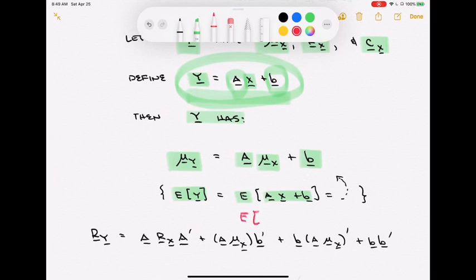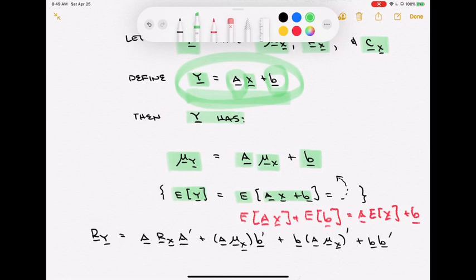So I could have the expected value of Ax plus the expected value of b, if we wanted to be complete in our details. That first one, A is just a set of constants, so it can be pulled outside of the expectation. So that would be A times expected x. And then the expected value of a constant is just that constant, so we get b. And what was expected x? That's just mu x, and so we get the result coming out.